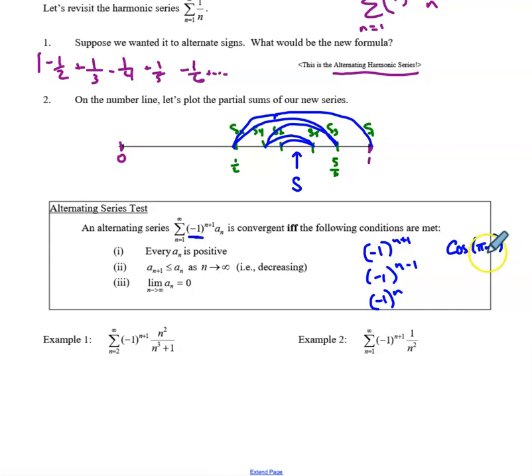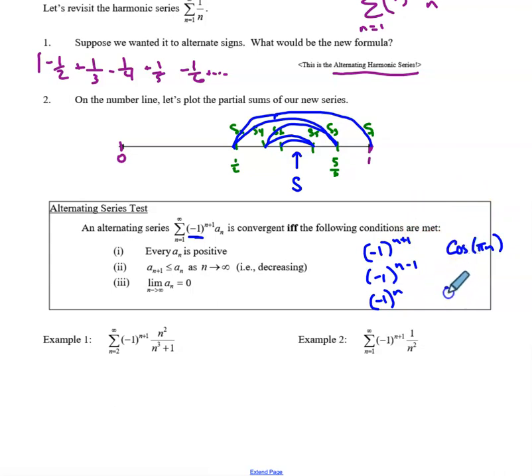Because if n equals 0, cosine of 0 is 1 over here on the unit circle. If n equals 1, cosine of pi is -1. Cosine of 2 pi is 1, cosine of 3 pi is -1, and I keep toggling to either side of the x-axis where it intersects the unit circle. So cosine of pi n is an alternator.